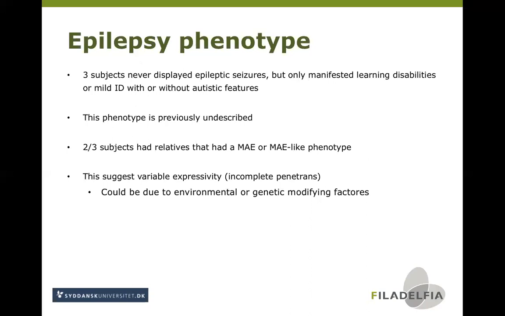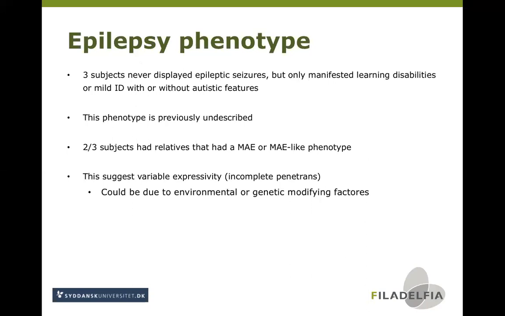Then there were 3 subjects who never had epileptic seizures, but only had learning disabilities or a very mild ID with or without autistic features, which has not been described in SLC6A1 before. So that was quite interesting.